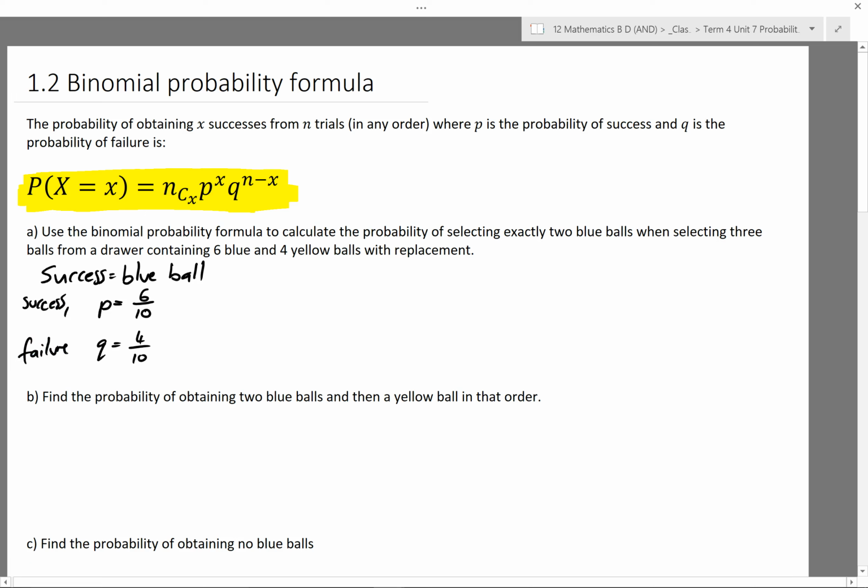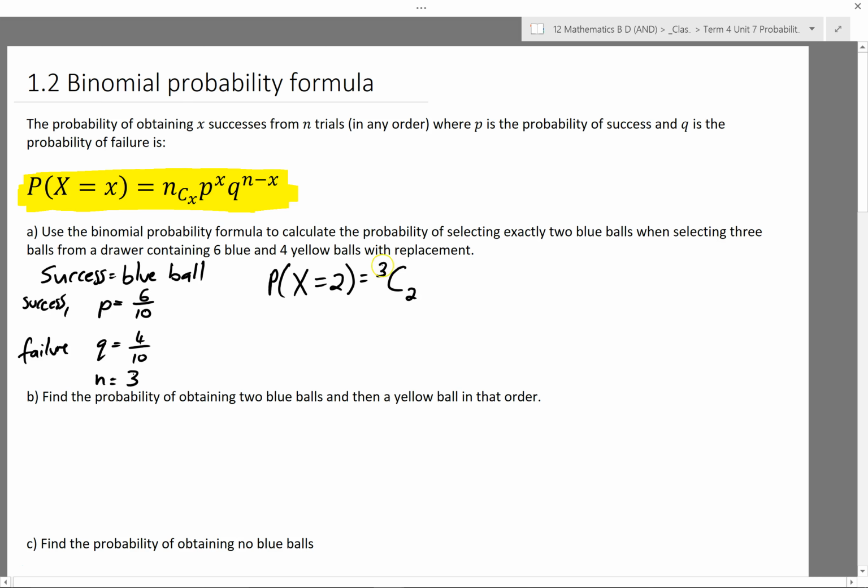And now I'll have a go at writing this formula. So I want the probability that my number of blue balls is exactly 2 will be nCx. So my number of trials, I was selecting 3 blue balls altogether. So this will be 3C2, because I'm after 2 successes.